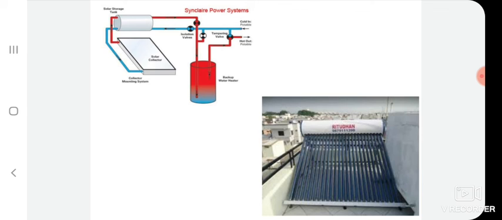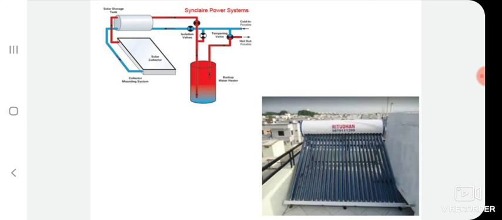Flat plate collectors consist of copper tubes fitted to flat absorber plates. The most common configuration is a series of parallel tubes connected at each end by two pipes, the inlet and outlet mains.